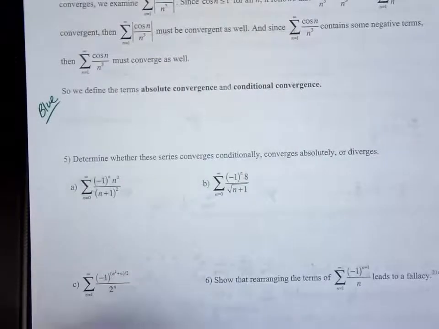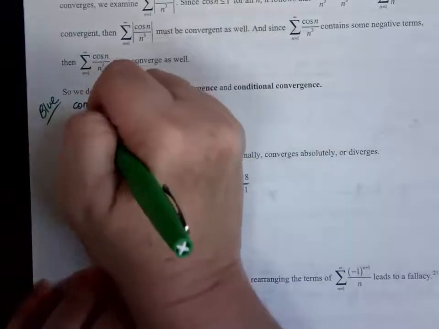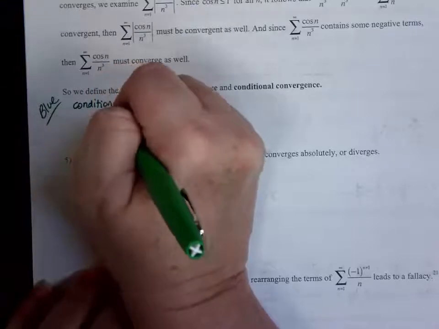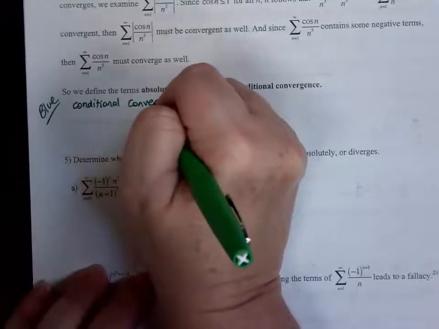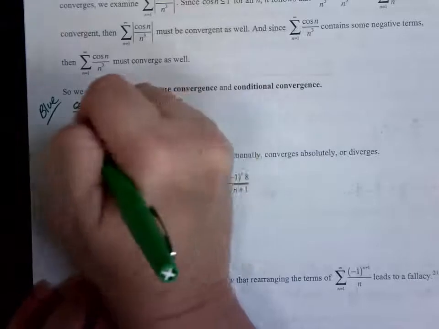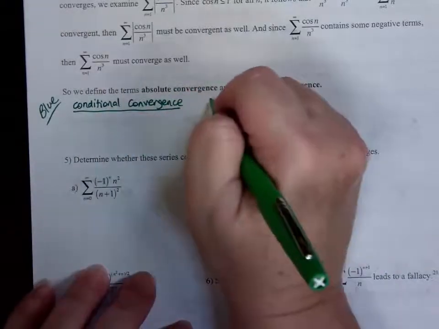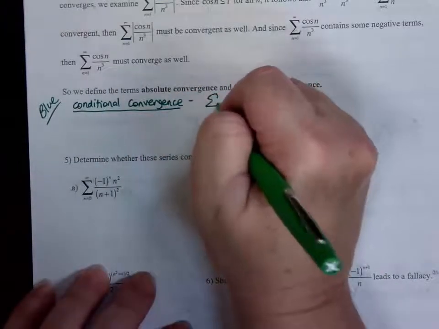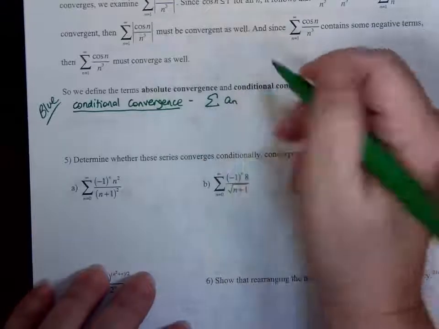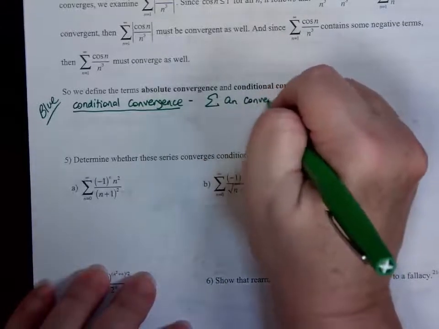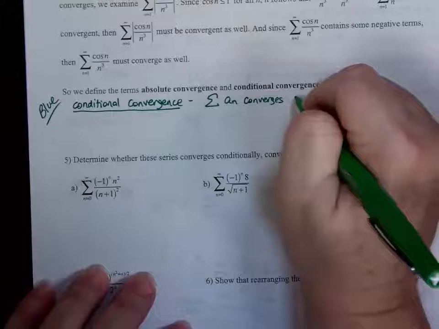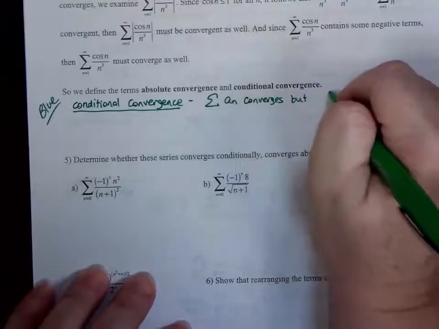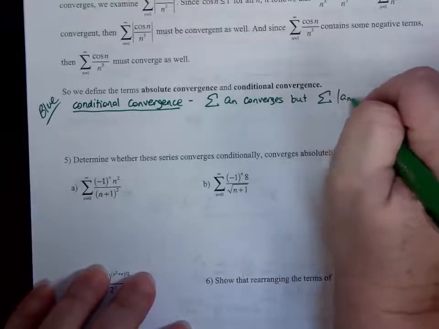Okay, conditional convergence. Write this down, please. Conditional convergence occurs when the sum of a_n converges, but the sum of the absolute value of a_n diverges.